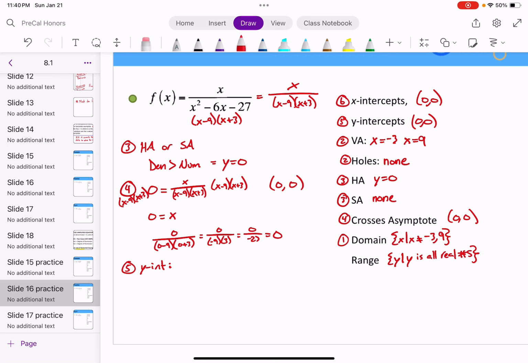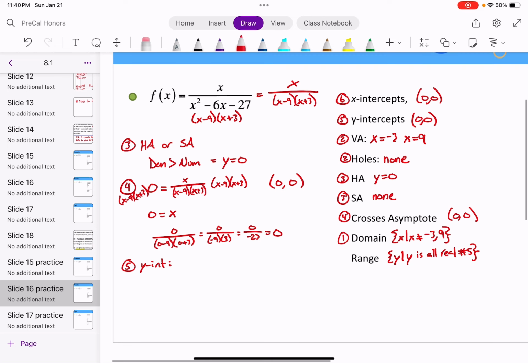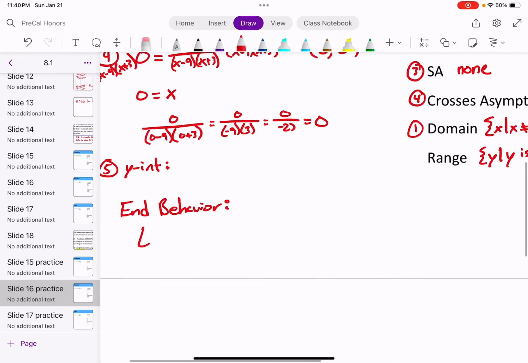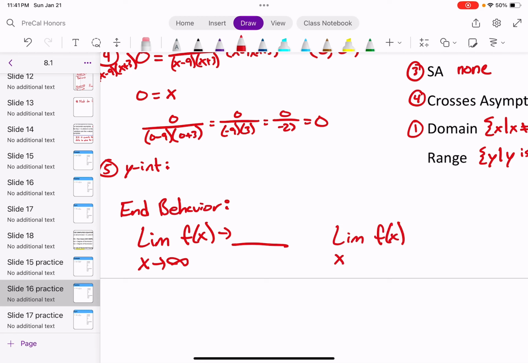Our final step here is going to be the end behavior. So we have the limit of f of x as x approaches infinity, and the limit of f of x as x approaches negative infinity is going to give us a number.